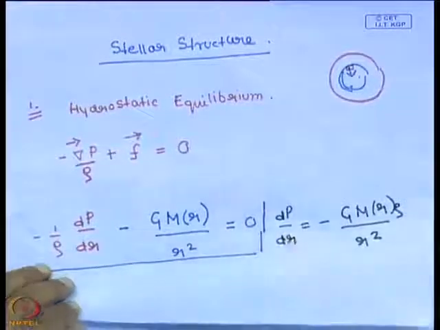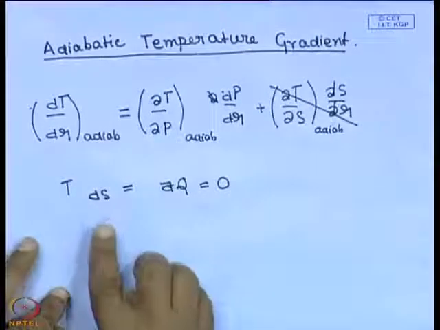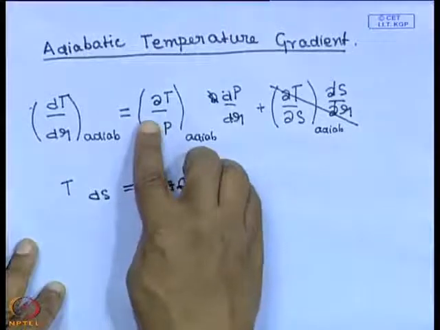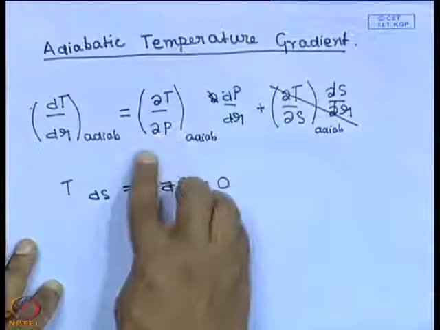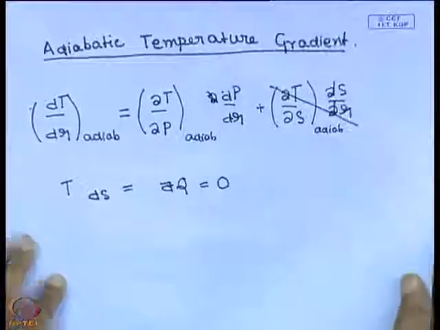So, we can use this to calculate the pressure gradient. Let us now calculate the rate of change of temperature with respect to the pressure for an adiabatic transformation. We have already done this for a gas of photons. Let me now do it for a perfect gas of atoms.